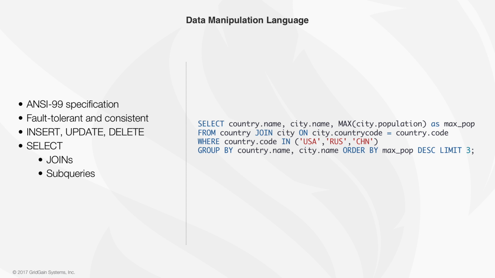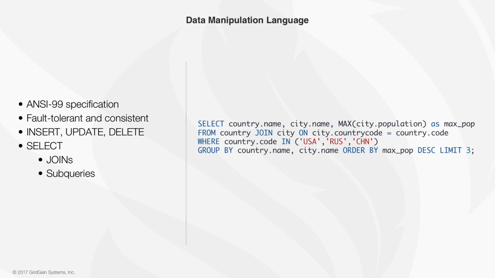What else can we do about it? Data manipulation language. Actually, both data definition language and data manipulation specifications are ANSI 99 compliant in Ignite. So everything that is listed in this specification is supported for DML, and we keep improving our data definition syntax.